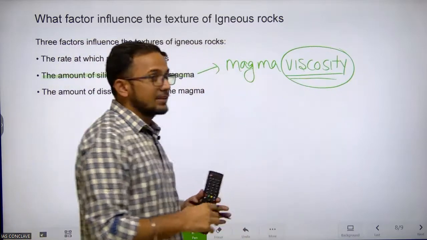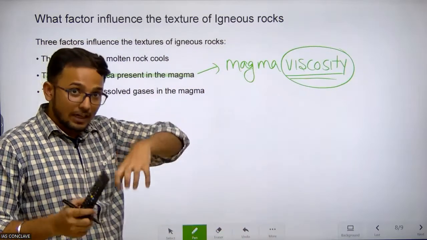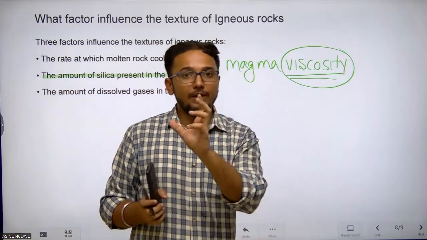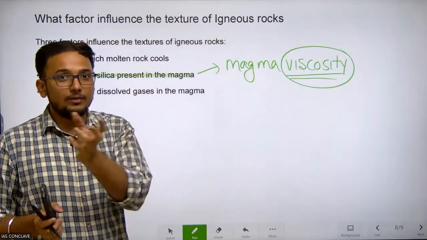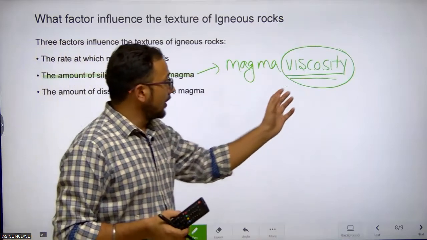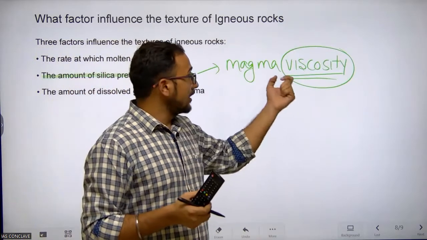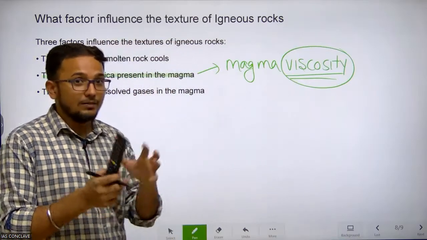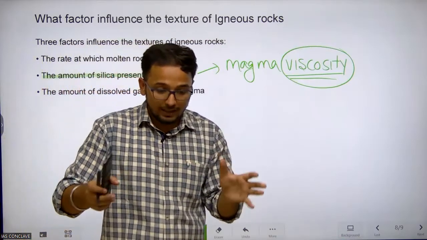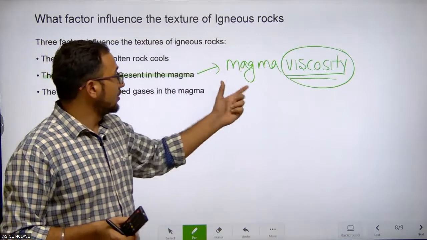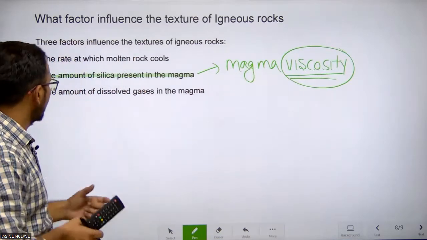If it is very viscous, it will determine the nature of the magma eruption, whether it will be volatile or smooth. According to that, the textures of the rocks will be defined. Also, it determines the cooling. If highly viscous, it will stay in the same location, and its cooling rate will be slow. So this is how it determines its texture.